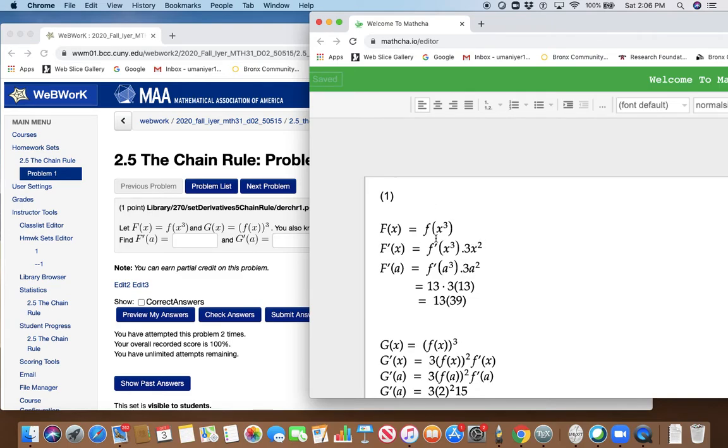Now, the question is to find F prime at a. So, wherever I see x, I replace it by a.